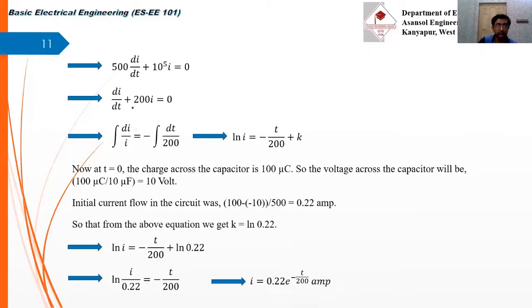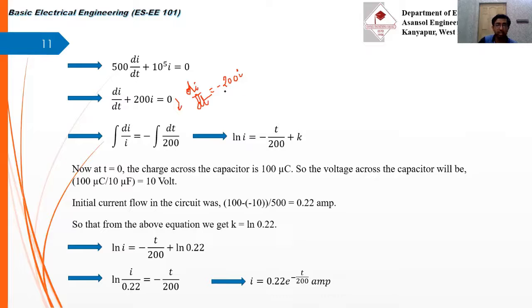So di by I equals minus 200 dt, with di kept here in the denominator on the left hand side.